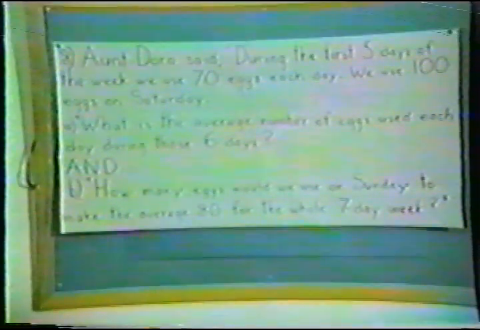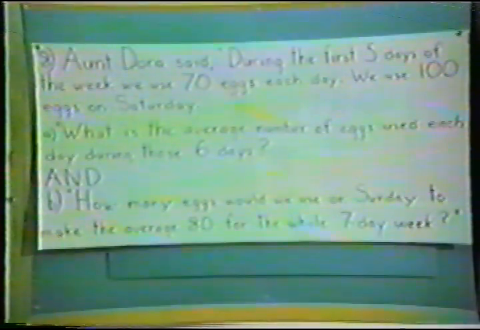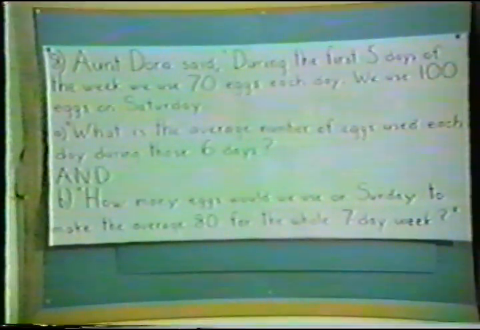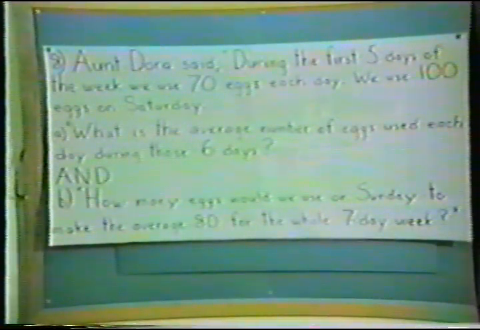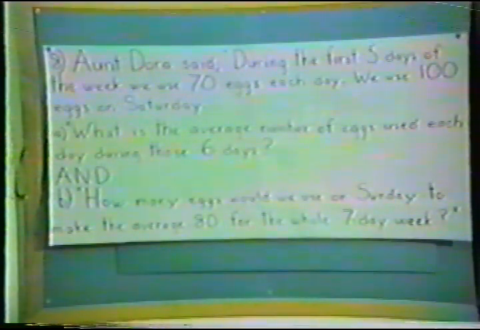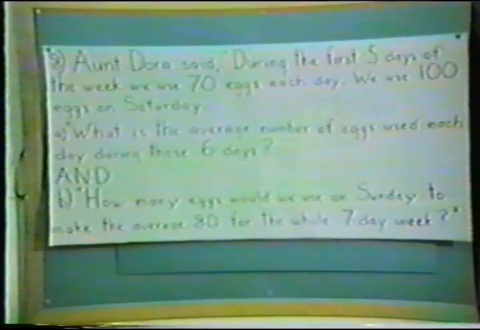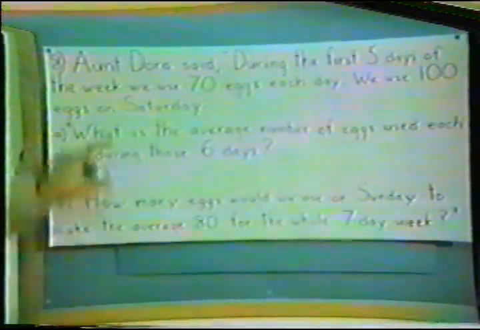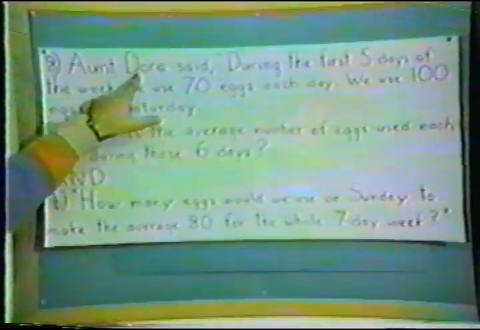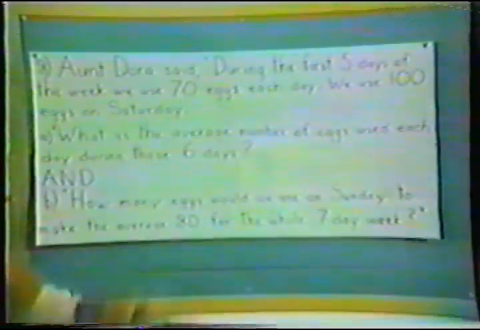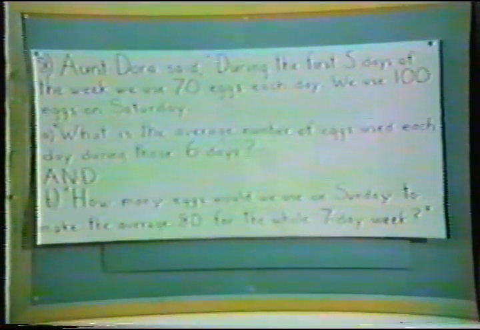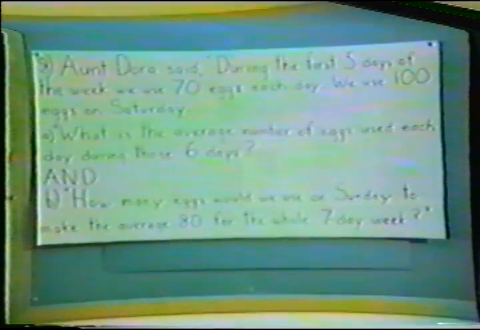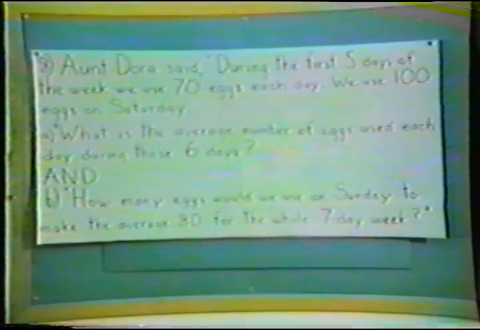And after we do this one, I have a special surprise for you all, which I will tell you at the end of it. But first, problem number 8. Aunt Dora said, during the first 5 days of the week, we use 70 eggs each day.